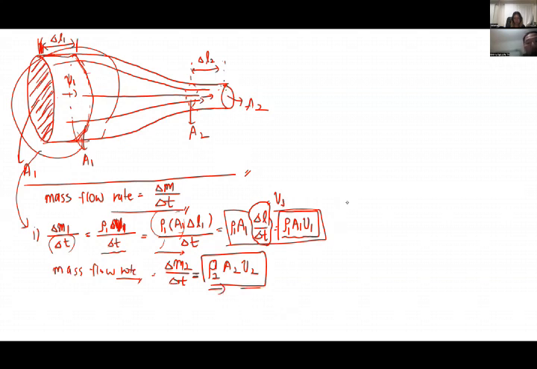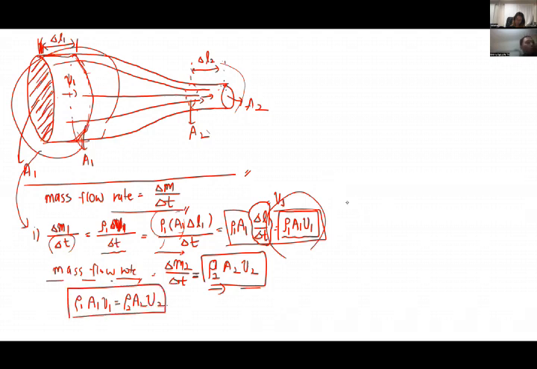You understand this, right? Just the same way to derive this formula. But the mass flow rate must be the same for input and output, inlet and outlet. So from that, rho 1, A1 times V1 must be the same as rho 2, A2, V2.